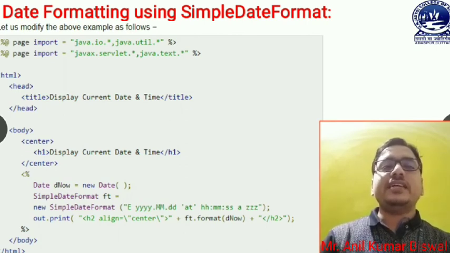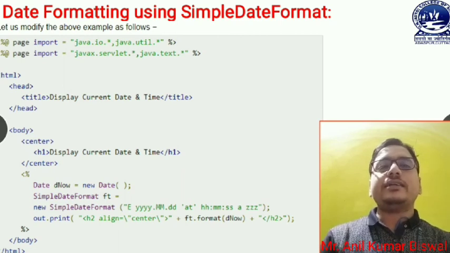That means whatever user-defined date and time is mentioned in this ft object, the system date and time is automatically converted to it and displayed in our web browser. Whenever the user executes this, according to that we get the output in the web browser, with the response in a simple format.